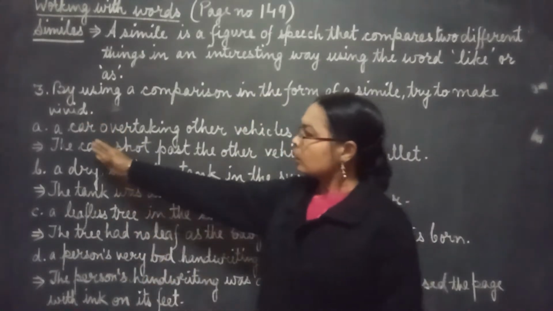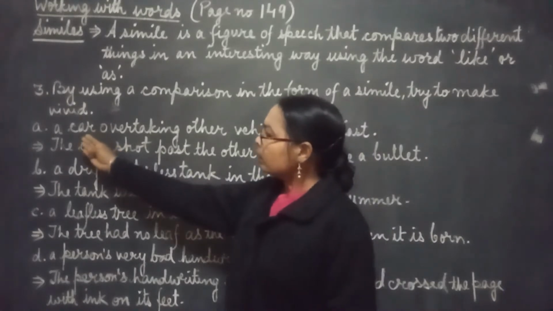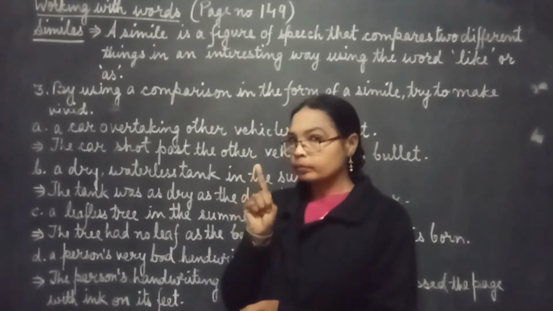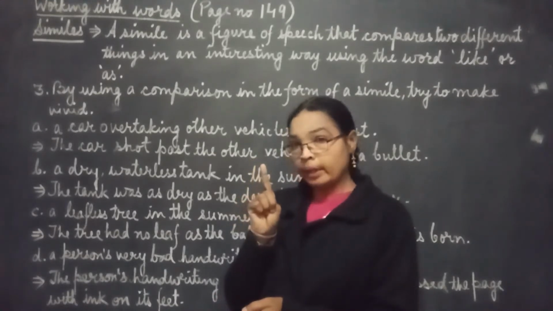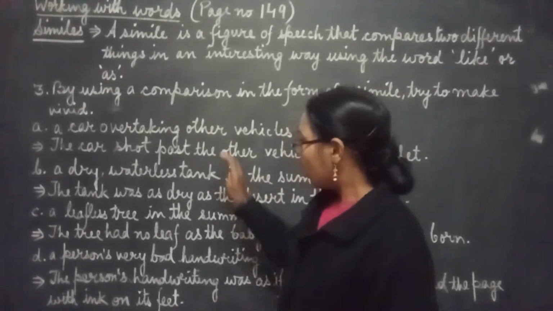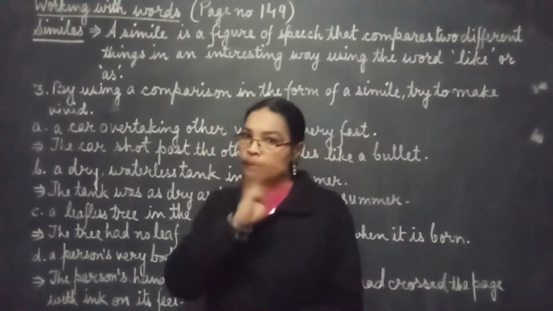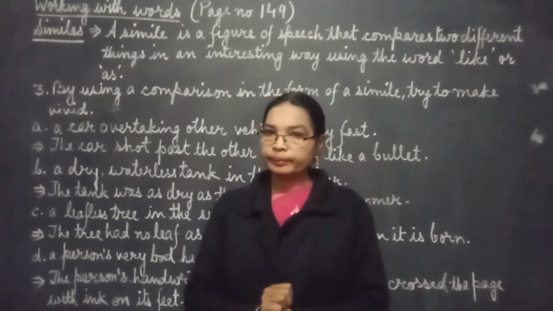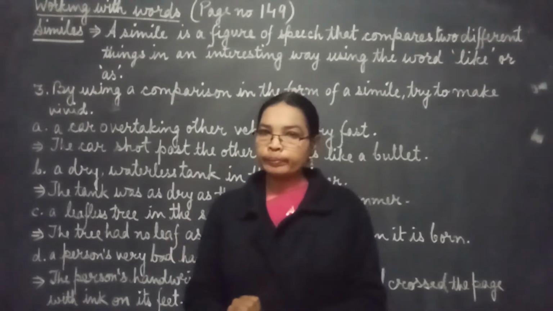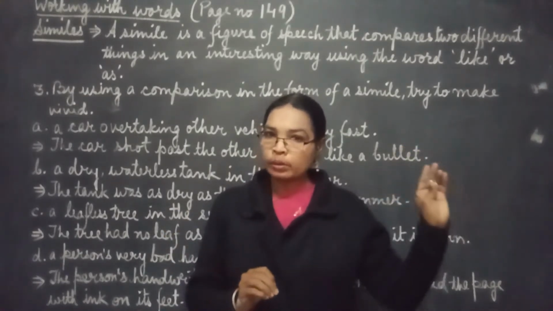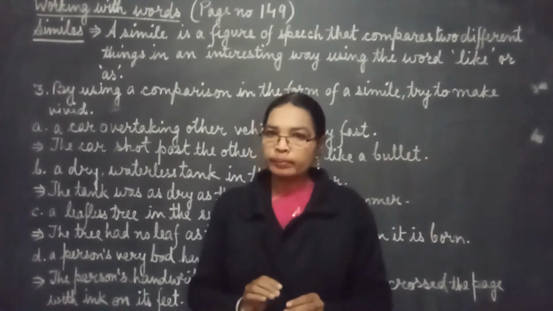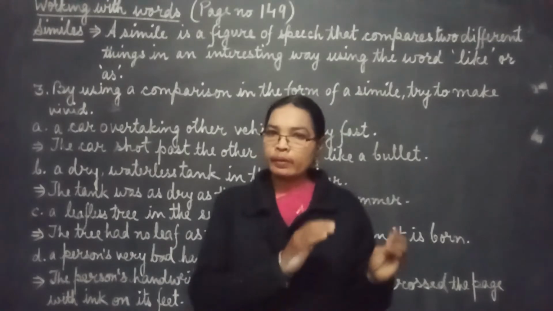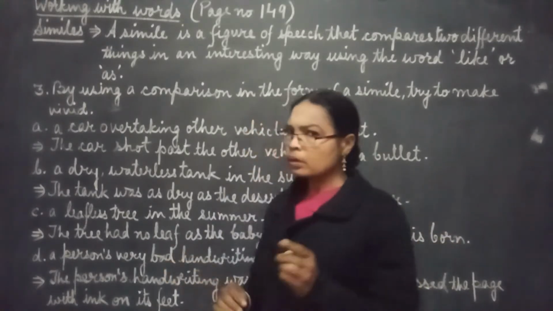So, here a car is one thing, and other vehicles is our next thing. So, two things are there. The car is different, other vehicles are also not similar, they are different.